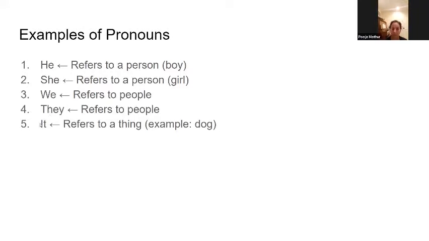And it refers to a thing. So for example, a dog. Instead of saying the dog went to the park, you can say it went to the park. And it means you are talking about the dog, which is a thing, because a dog is not a person. Let's keep the slide, Aditya.